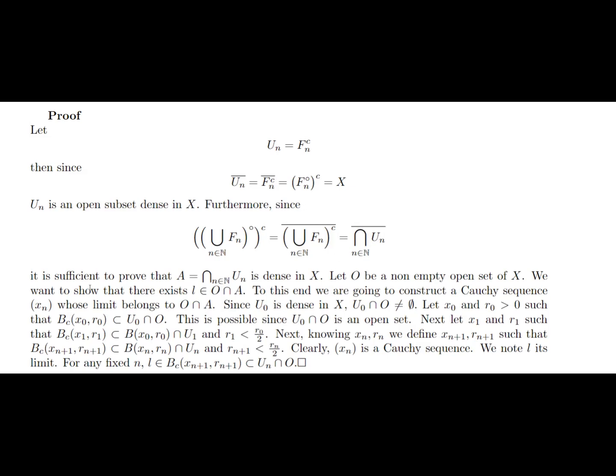And then, this primary work allows us to prove that some intersection of open sets are dense in X, and to do that we are going to construct a sequence to prove that we have density.